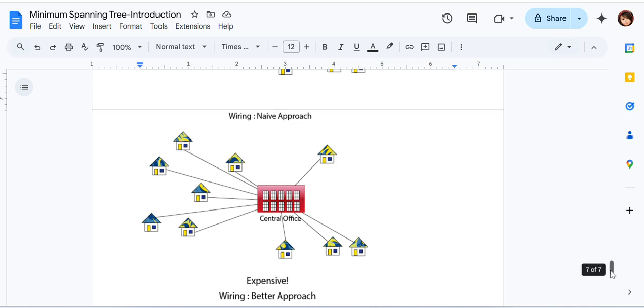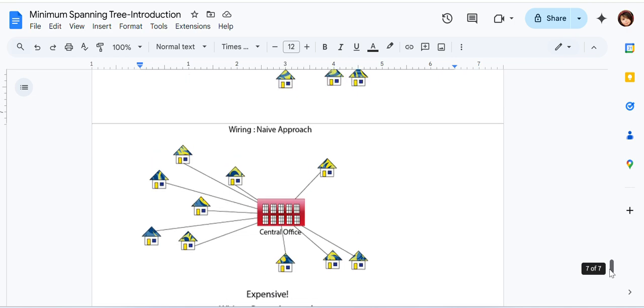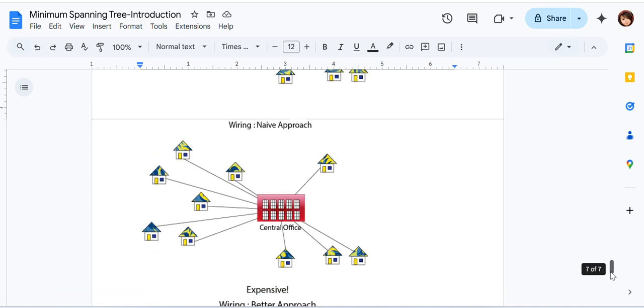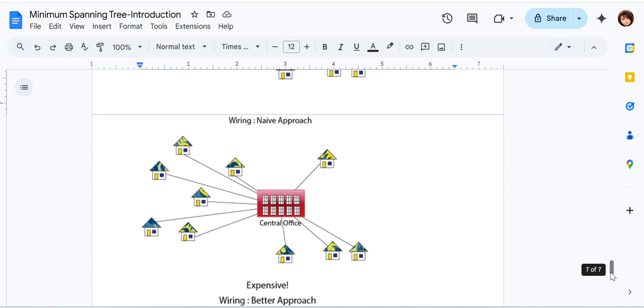This is quite expensive, because I have a wire connection for each. You can see the same concept which I told you before: from the central office, we are using different and unique wires to connect to each home. A communication link is set between the central office and each and every home.